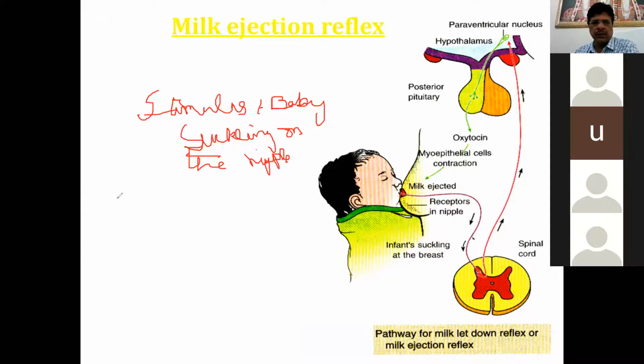So what is the receptor for this reflex? What is the receptor? The receptors are the touch receptors present in the areola of the nipple. Touch receptors present in and around the nipple, especially in the areola.